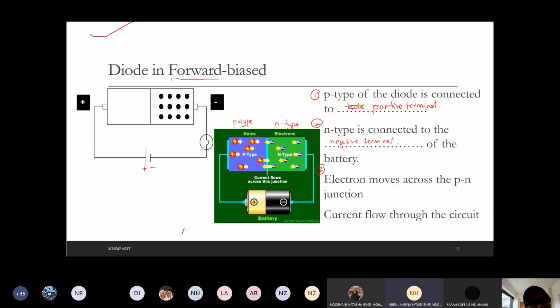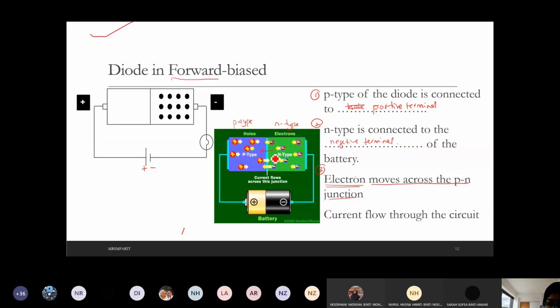Elektron yang kat mana kita nak sebut ni? So kalau tadi kita cakap awal-awal, dalam P type ada elektron and then N type pun ada electrons. But N type has more electrons. So kita kata when we connect the diode and the battery, the dry cell like this, so electrons at the N type here, we say that moves across the PN junction here.